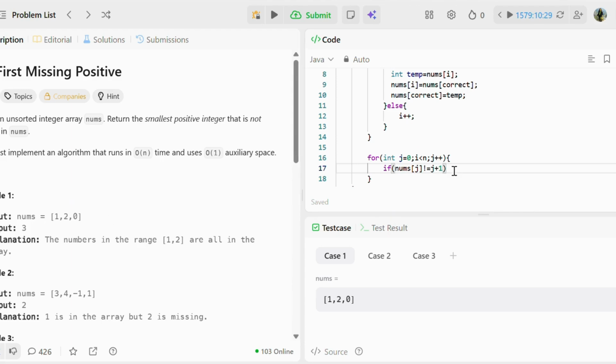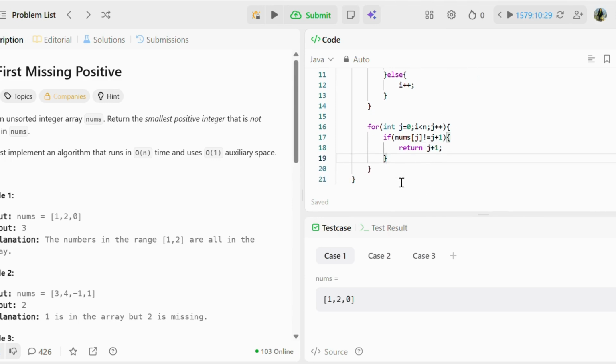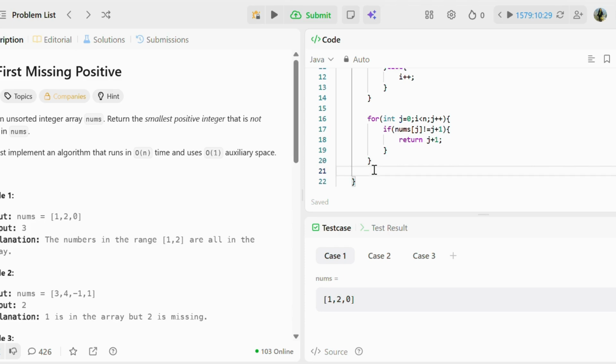So this is how. If nums of j is not equal to j plus 1, then we simply return j plus 1, because in that case this will be our answer, right? That number is missing.